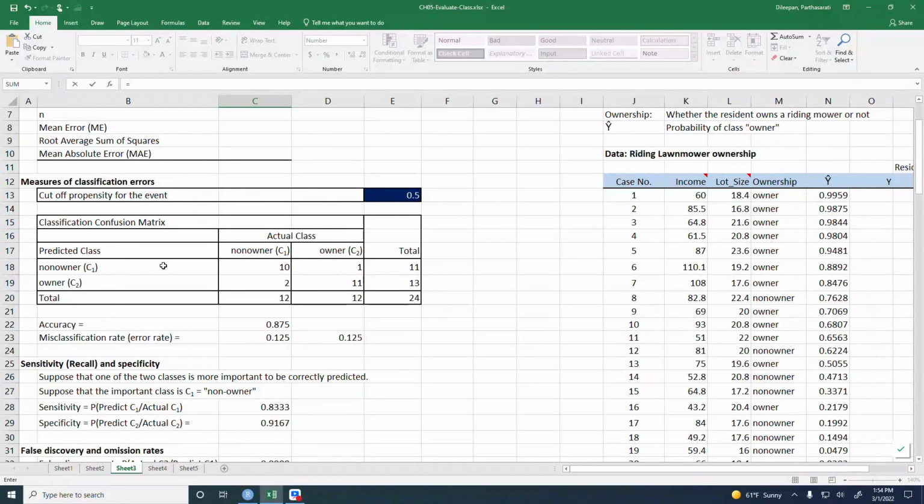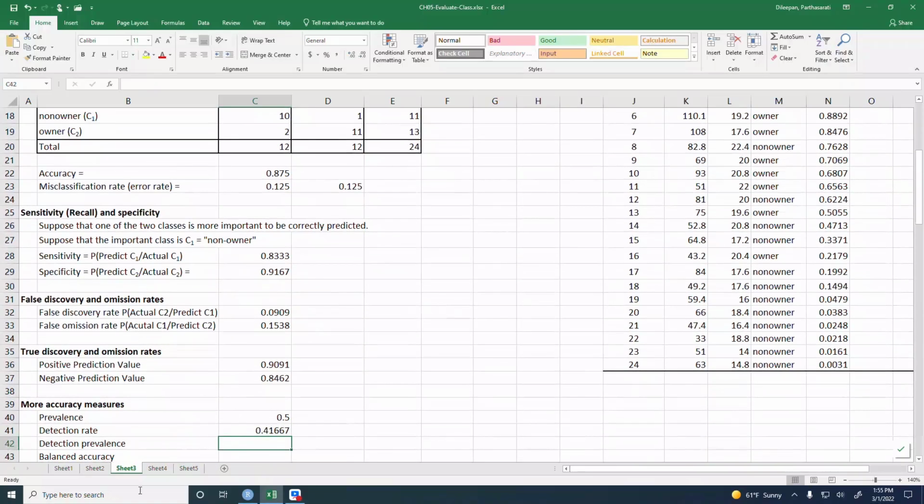So our primary interest is in non-owner. So we are correctly predicting non-owners 10 times out of a total of 24. And that is the detection rate. Okay.